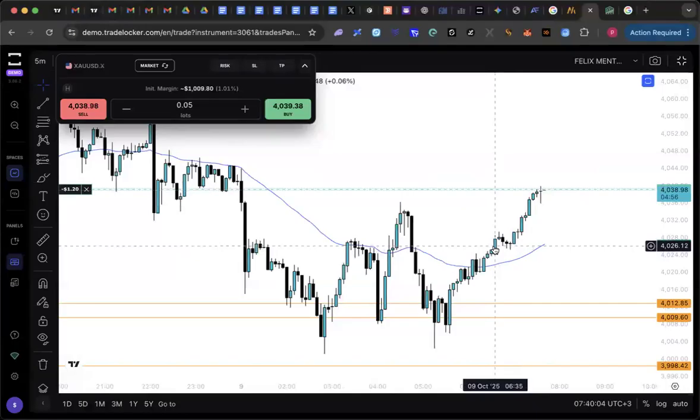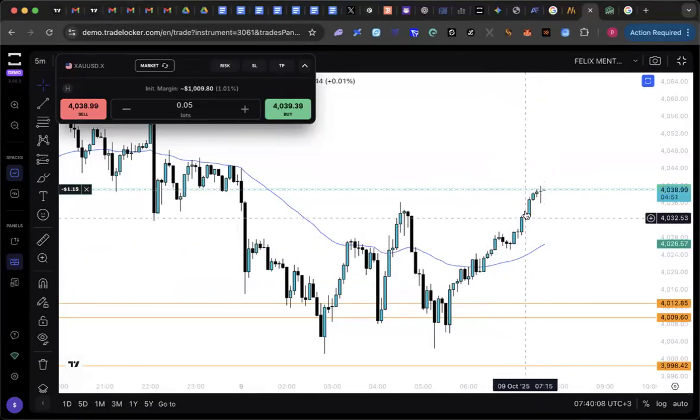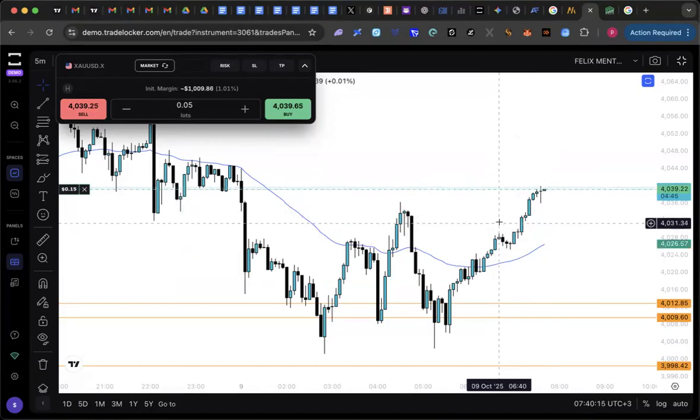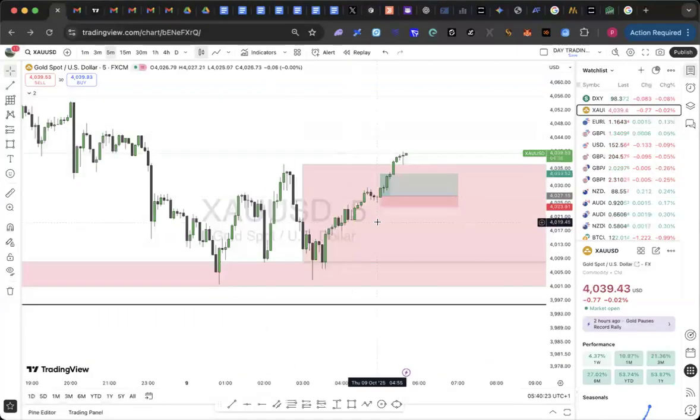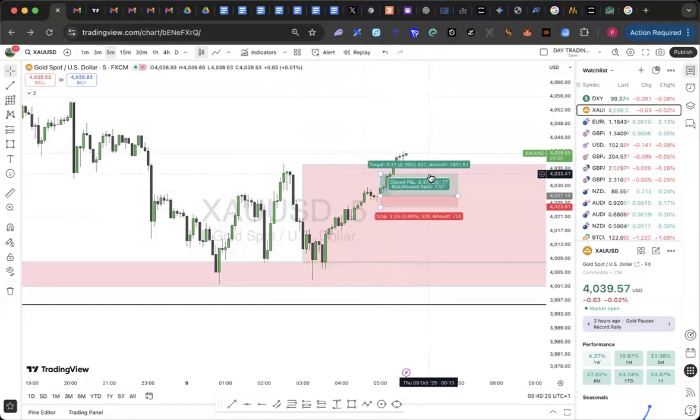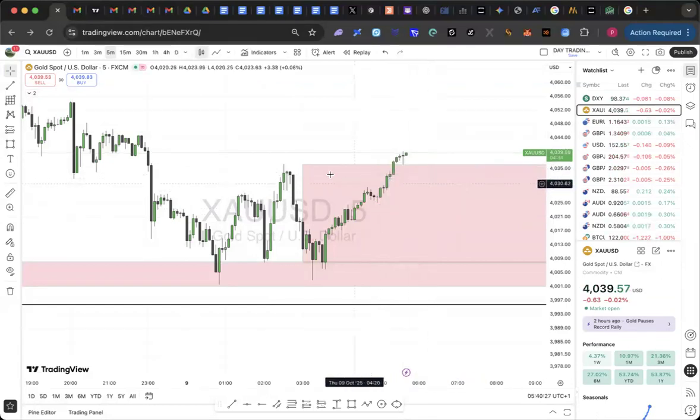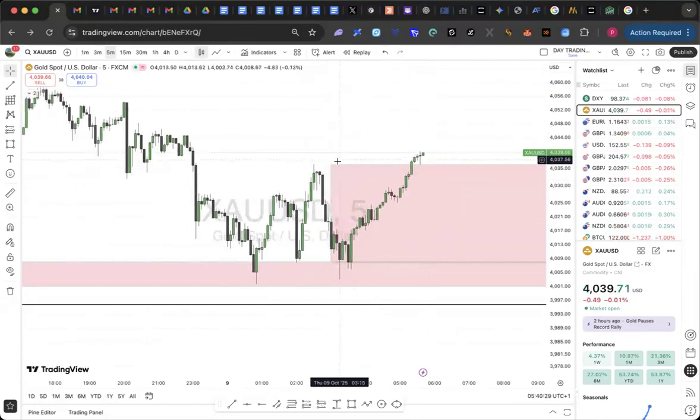So there was a fair value gap. See another fair value gap here was never filled. And this one is not properly filled yet and all of that. So if you look at it practically, you will find the entry as prompt as possible. But like I told you, these are confluences that you are targeting.